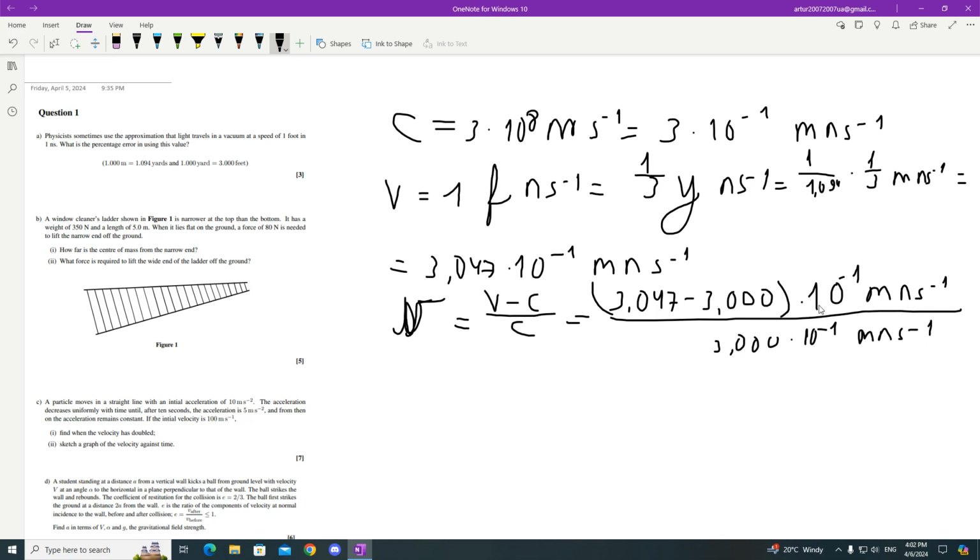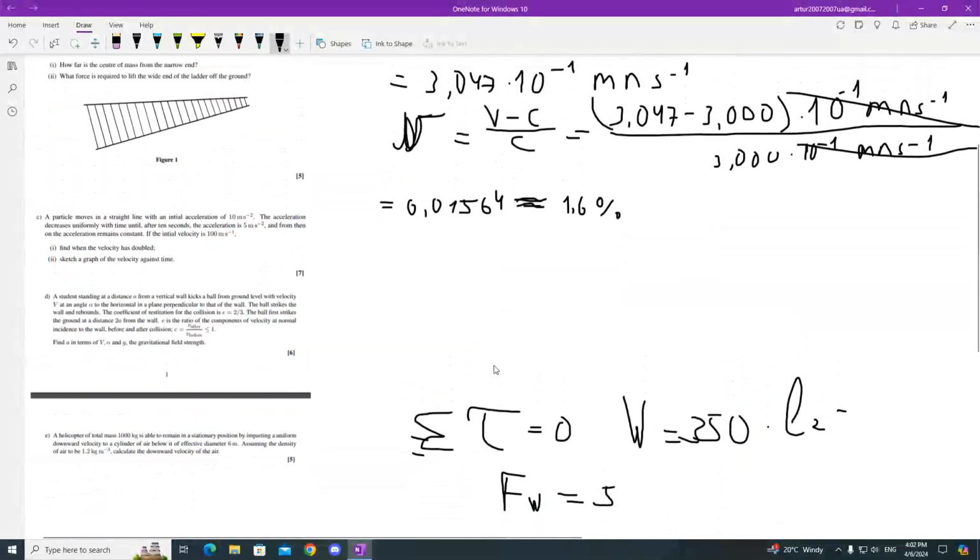The error is a ratio, so it's unitless, the units cancel, and using a calculator we receive 0.01564. That is approximately 1.6%.